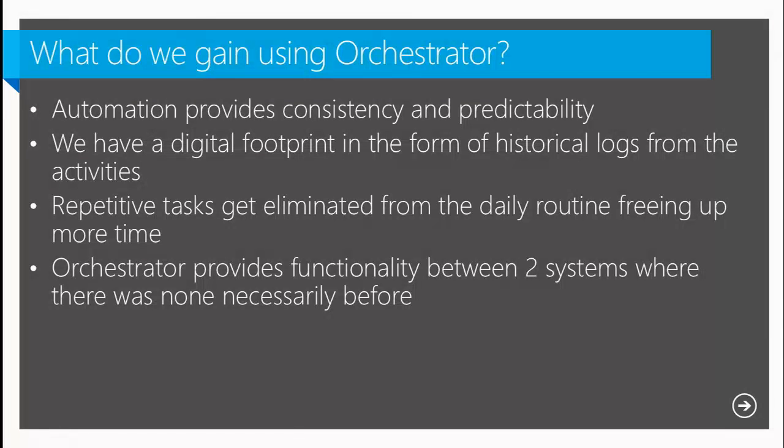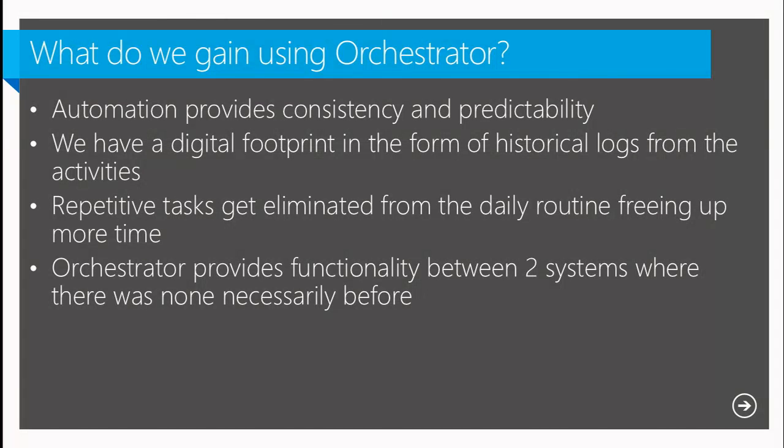Orchestrator and automation involves these three things that my colleague Colin Smith likes to say. It involves people, process, and technology. Now, the technology, out of that adage, is always the easiest thing. The people and the process is usually the hardest part, right? The other thing about Orchestrator is it provides integration.